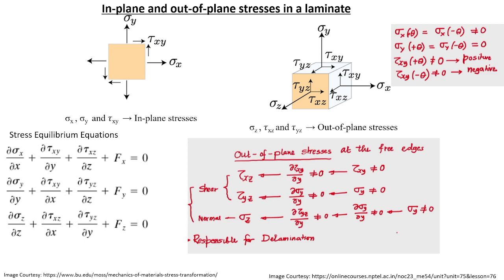But when we consider the z direction, then we get other stresses, that is, the out of plane stresses. Those are the stress in z direction, the shear stress in xz and zx directions, which are symmetric to each other, and the shear stress in yz and zy directions, which are also symmetric to each other.